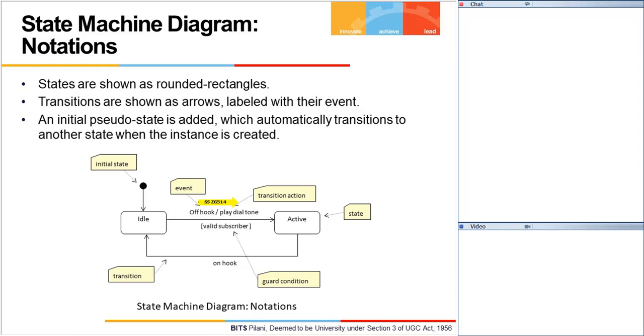So before that, I'll just take up one question. Some people are asking that here I have not mentioned an action or a guard condition, right? If there is no action or a guard condition, you will not mention it. But if there is, in order to ensure that there is completeness in your diagram, do mention as many events and actions and guard conditions as possible, right?